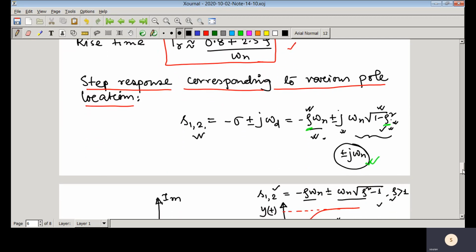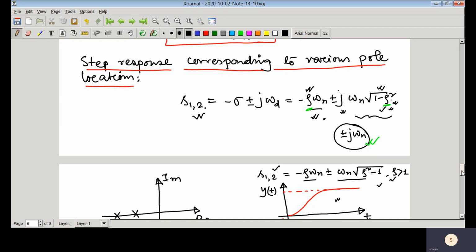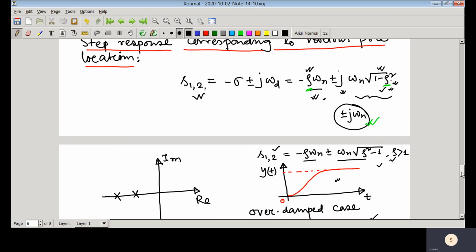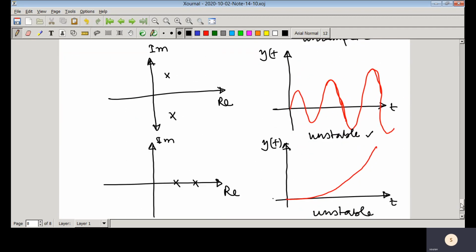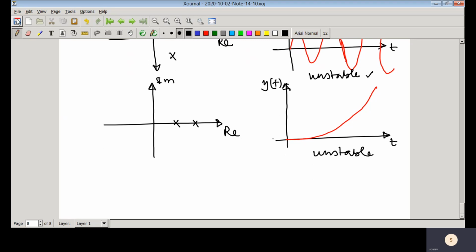And then we have seen those four different cases along with the unstable cases corresponding to the location of the poles of a second order system. So in the next lecture we will be discussing how the response changes whenever we add a pole and add a zero to a normalized second order transfer function. Thank you.